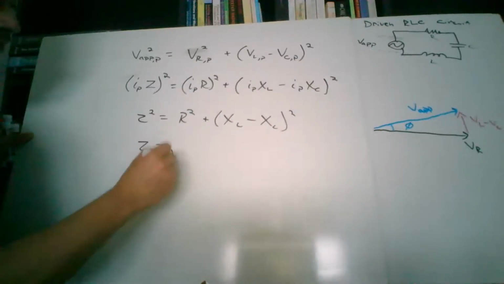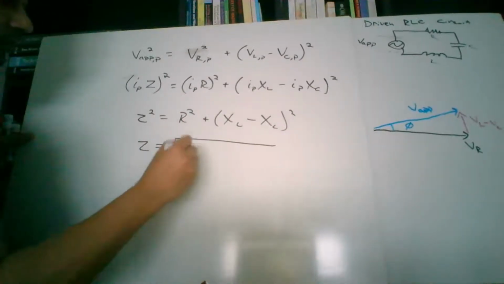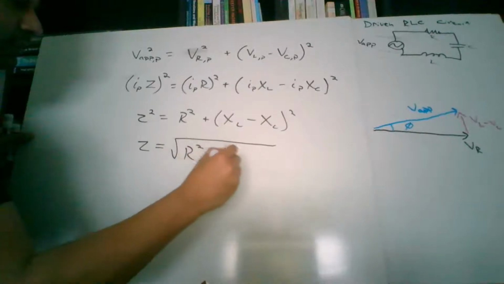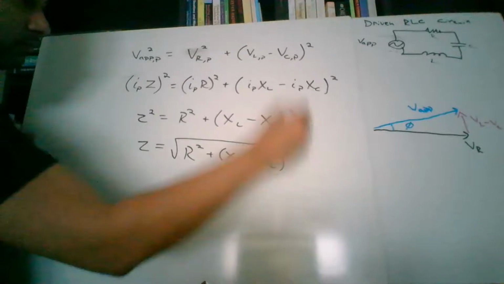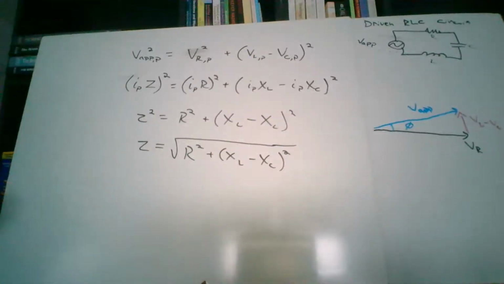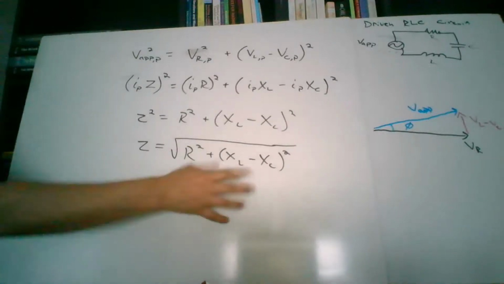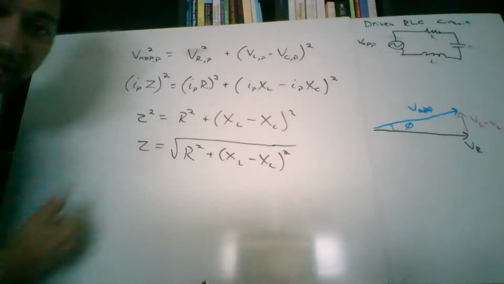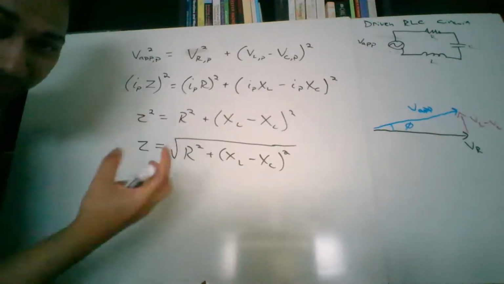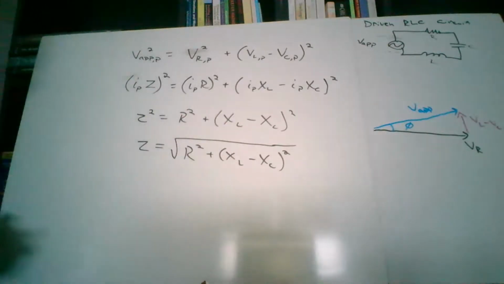The impedance is going to equal the square root of R squared plus XL minus XC squared. And there you have it. That is the equation that we derived using our phasor diagrams. That's why they're so important. You can derive things like that and make sense.